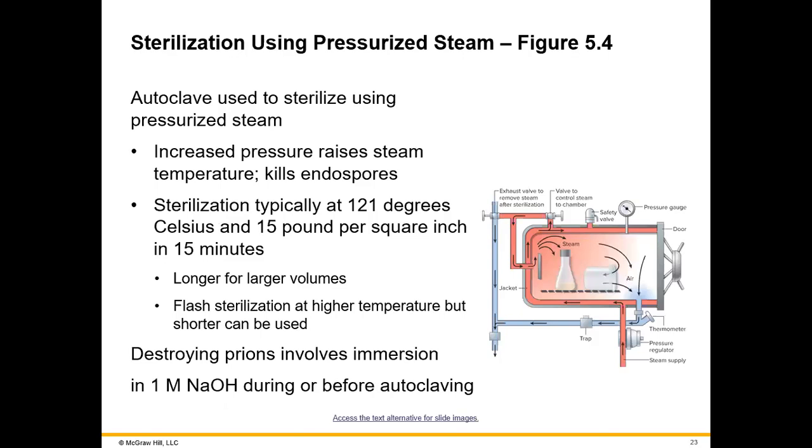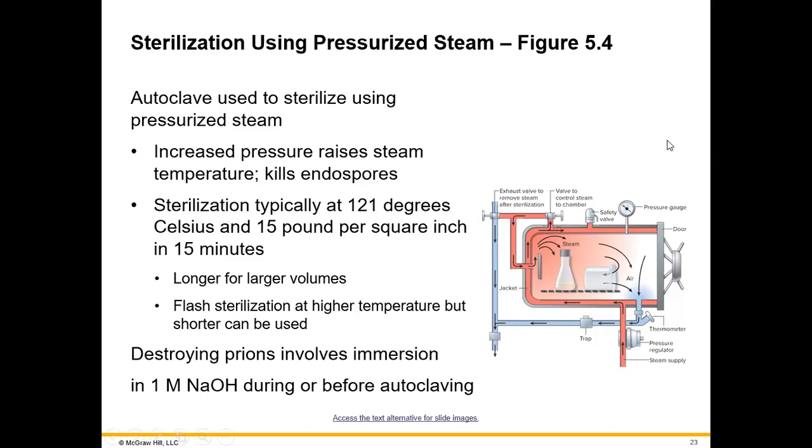Sterilization using pressurized steam. Okay, this is a process where you can actually eliminate all microbial life, including endospores. The image here to the right shows you schematically how an autoclave works. I'm sure you've seen similar images before.